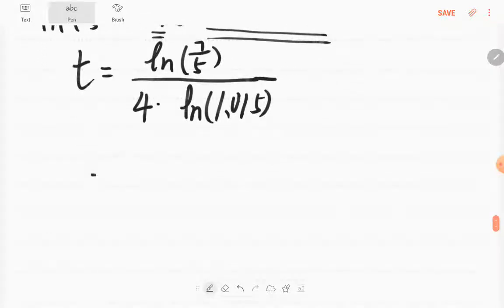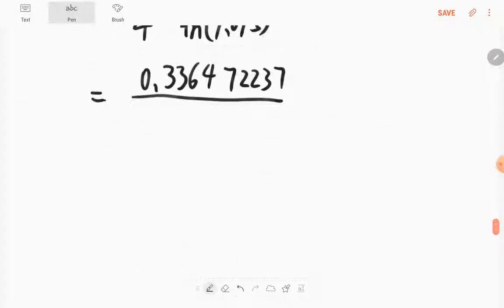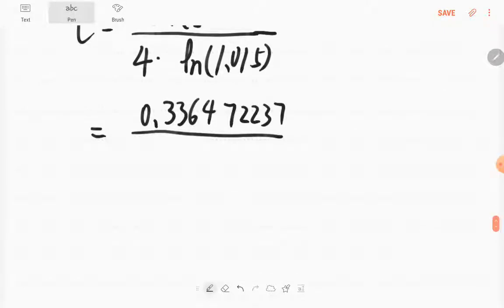If you use a calculator, the top is 0.3364722237. Okay, keep as many decimals as possible to avoid unnecessary errors at the end. And this would be the 4 times the natural log of 1.015.